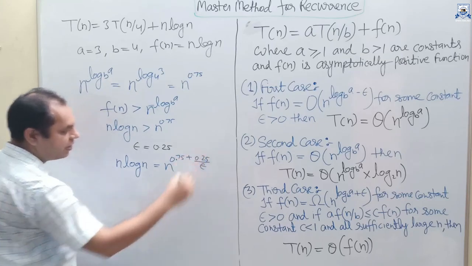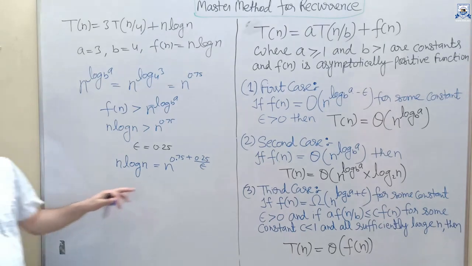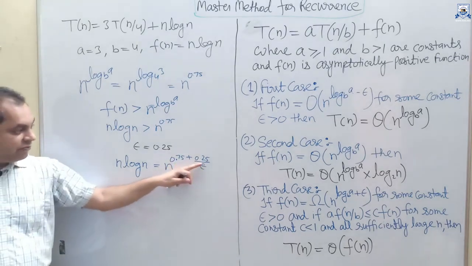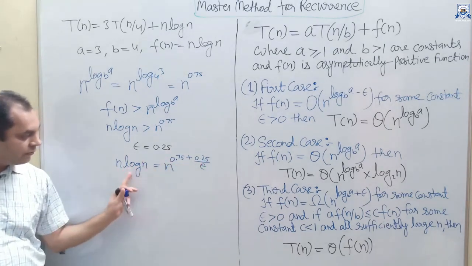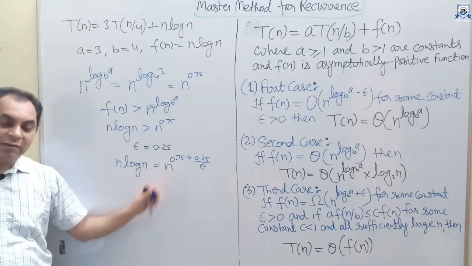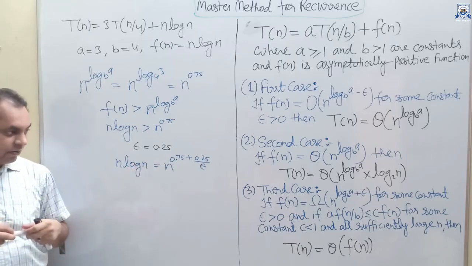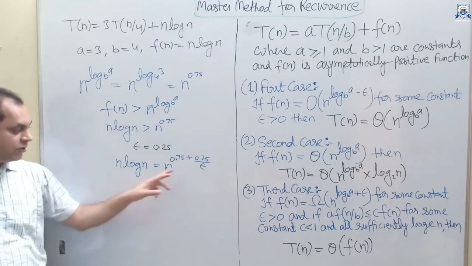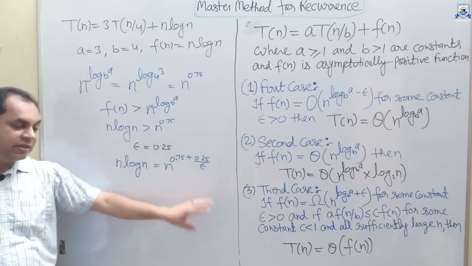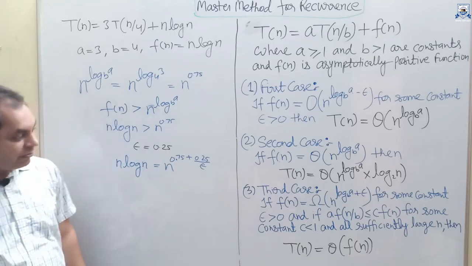This is nothing but our epsilon. So after putting in the value of epsilon, both values become the same order. Same order means both belong to the same polynomial power of n.